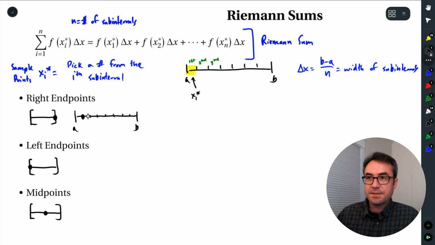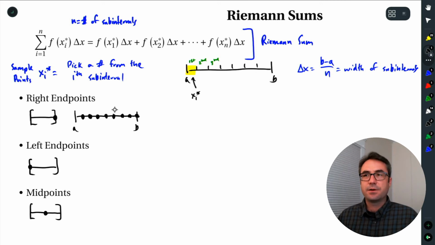Then we have our second subinterval right here, and we use the right endpoint for that one, and so on, until we get to our last subinterval and use the right endpoint there. So just to give a little picture of what it might look like on our subinterval lines here.